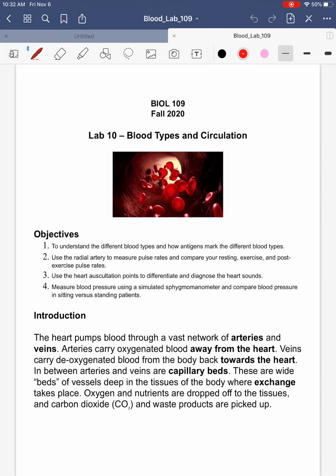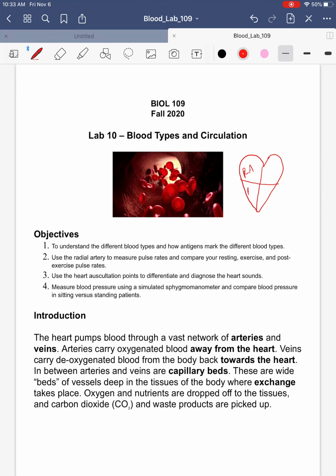Okay, so everything is laid out in this lab, but as always, I like to take a little bit of time to point out some things and just make sure that everyone's understanding what we're talking about. Last week, we talked about the heart, and you remember from last week's lab that the heart has the 4 chambers, right?